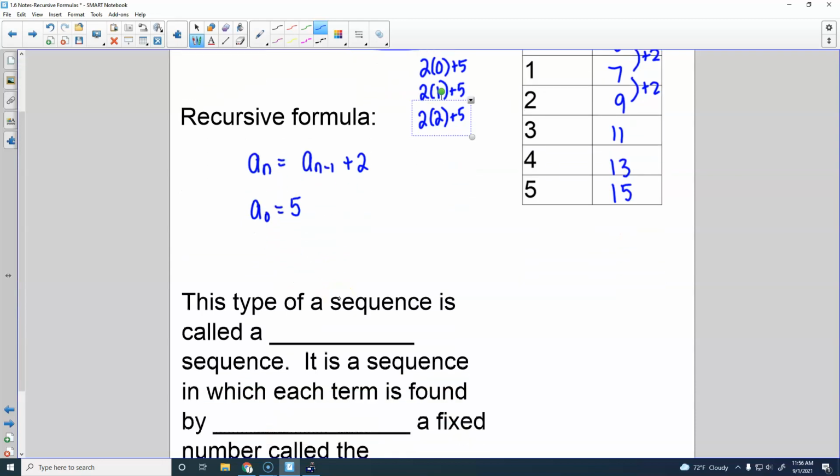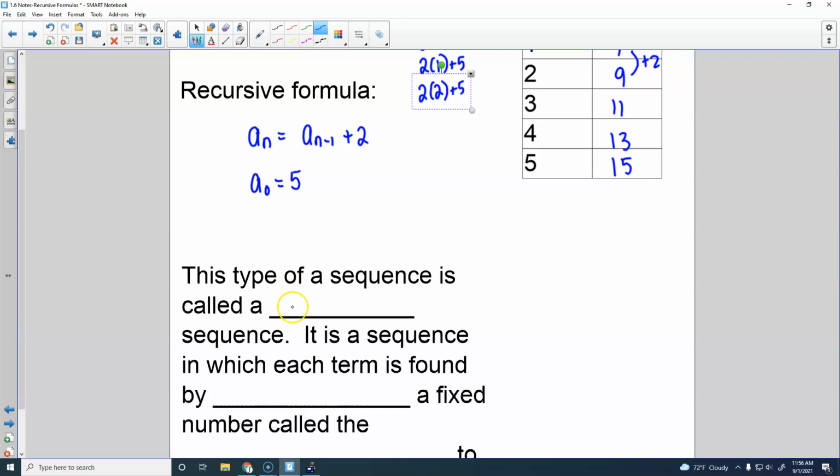Okay. This type of sequence is called an arithmetic sequence. It looks like arithmetic, but anytime I've heard it said by other math teachers, they usually say arithmetic sequence.